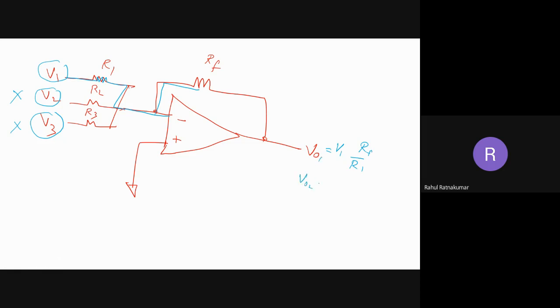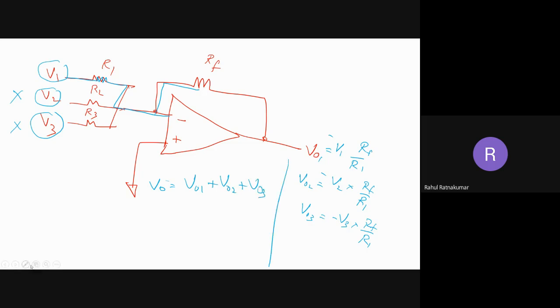Now VO2, with only V2: minus V2 into RF divided by R2, definitely there's a negative sign. Now VO3 equals minus V3 into RF divided by R3. According to superposition, the total Vout is nothing but VO1 plus VO2 plus VO3, right?